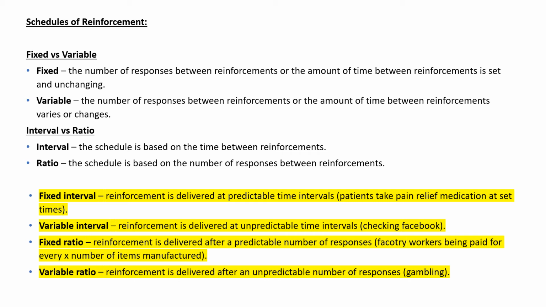And then we have variable ratio, where the person is reinforced after an unpredictable number of responses. If any of you have ever been to a casino, you could think about a slot machine. I remember going to Las Vegas, and we stayed at a hotel that had a casino on the main floor.